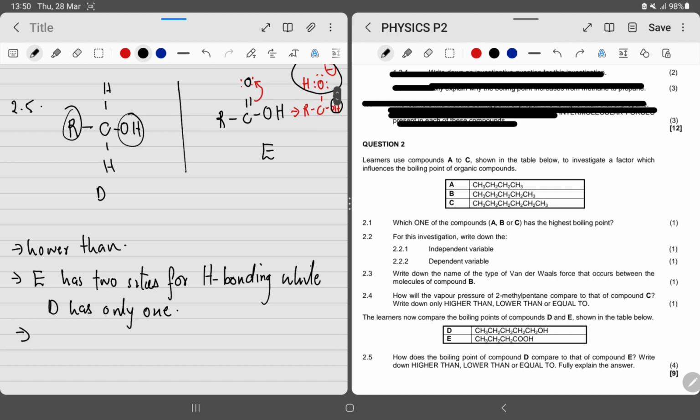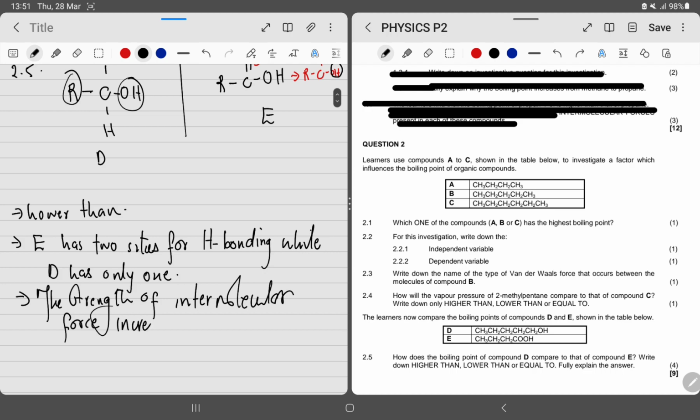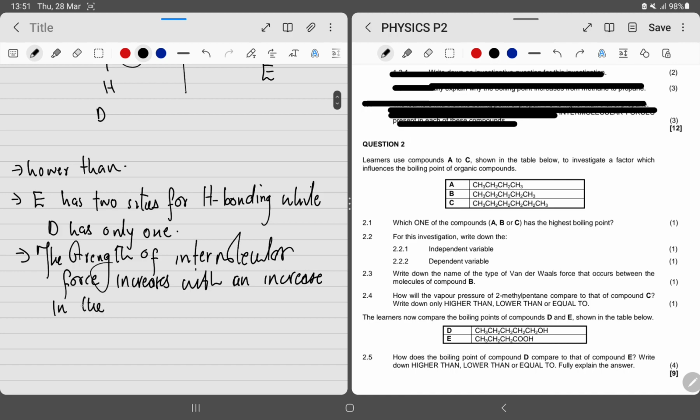And then the strength of intermolecular forces increases with an increase in the number of sites possible for hydrogen bonding.